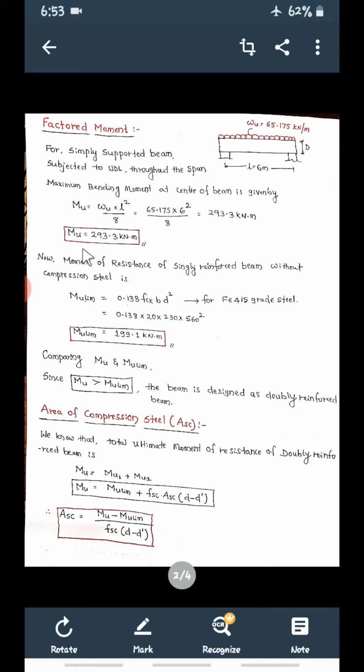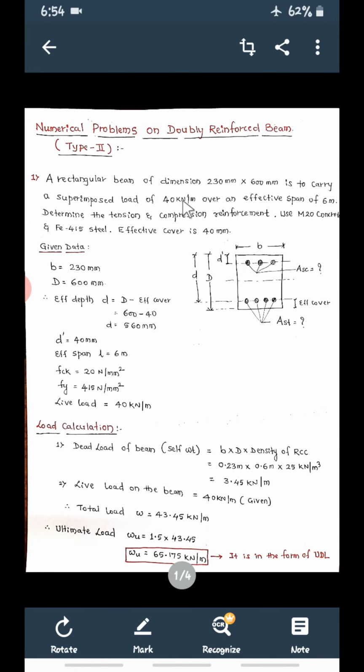So first calculate MU, then calculate MU limit depending upon the grade of steel. Now compare these two. So what you can get here is that MU is more than MU limit. Since MU is greater than MU limit, the beam is designed as a doubly reinforced beam. Remember, in this problem it is not mentioned whether it is a singly reinforced beam or a doubly reinforced beam.